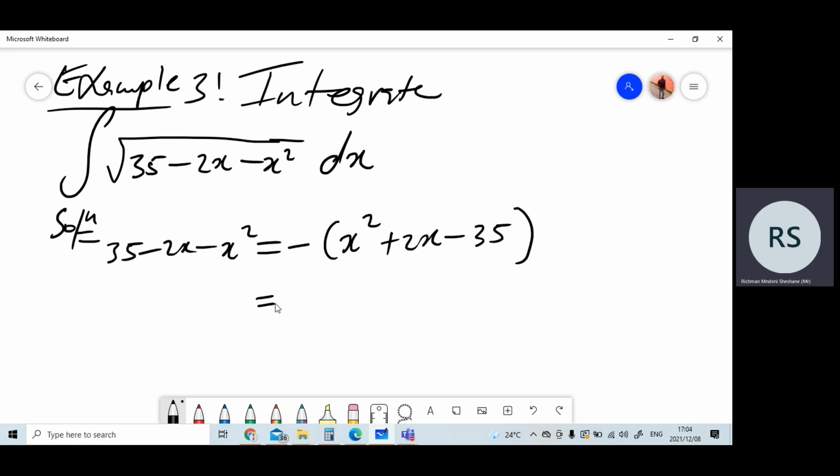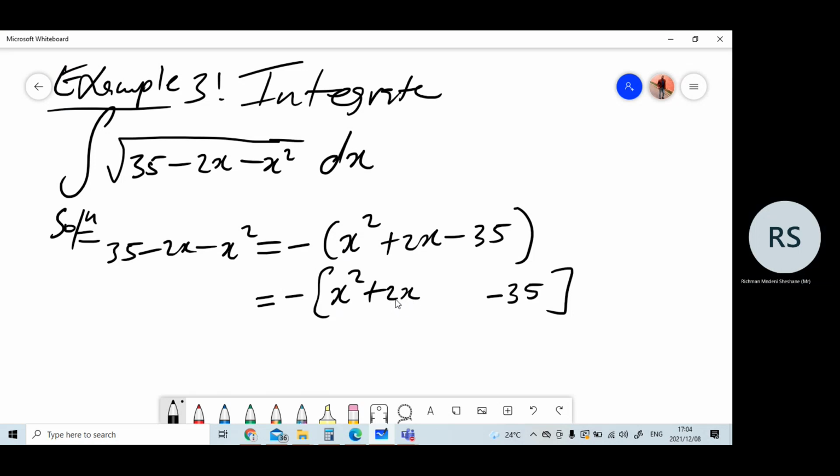So the next step is completing the square. You write the first 2 terms and leave a space, because we need to add some terms, and then write the last constant there, which is minus 35. You write half of the coefficient of x, squared.